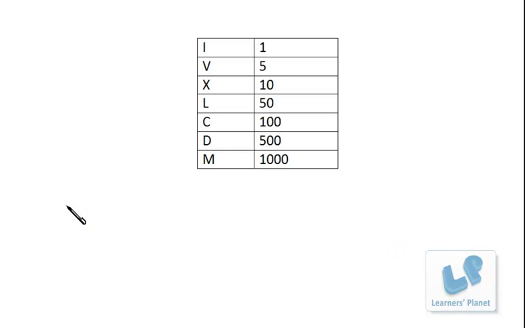Now let's have some more practice. We write down the numbers from 21 to 30. It's very simple. We'll do it very fast. Now what is 20? It's 10 plus 10, that is X and X. Similarly, we can write down 21, that is 10 plus 10 plus 1, that is X, X and I. And very fast we write down 22 also.